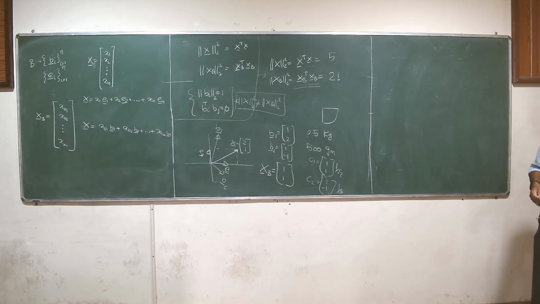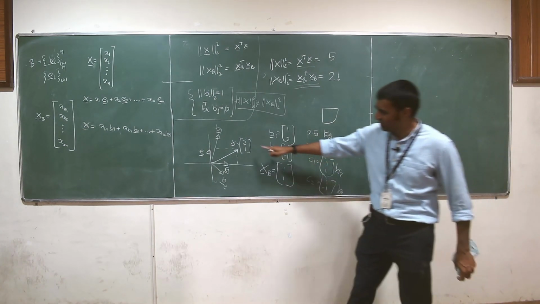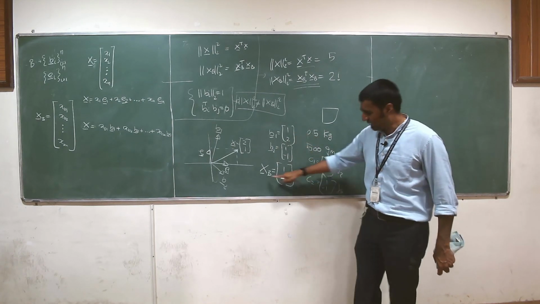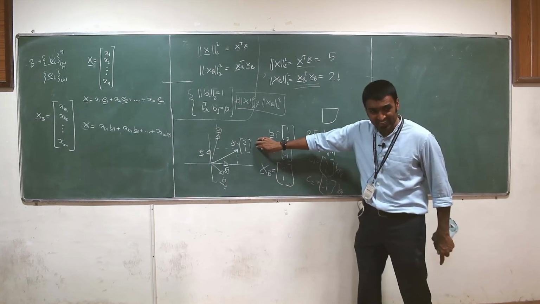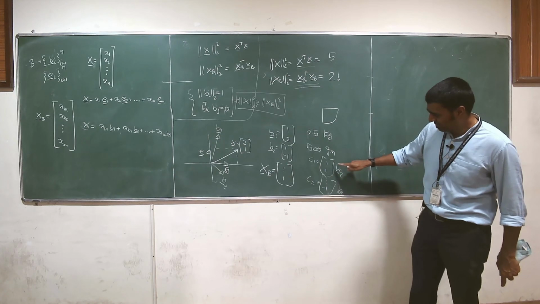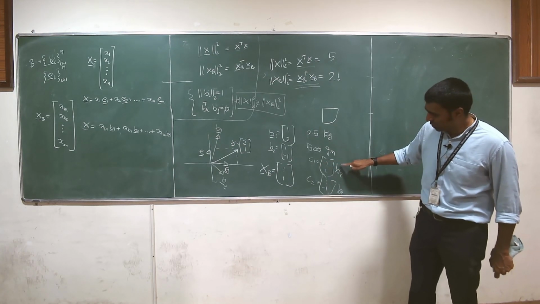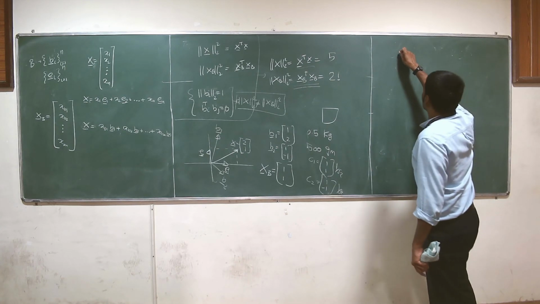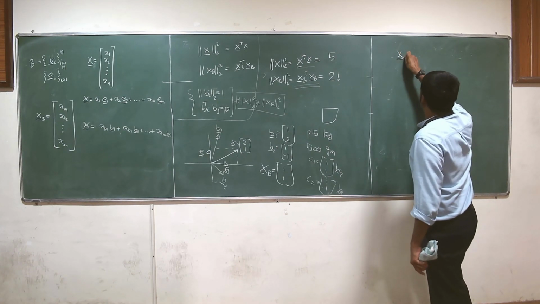You understand the question? The representation of this vector 2, 1 in the B basis was 1, 1. I want to know what is the representation of this vector X in the C basis, where the two C basis vectors are 1 by root 2 times 1, 1 and 1 by root 2 times 1, minus 1. So I want to know what is XC.